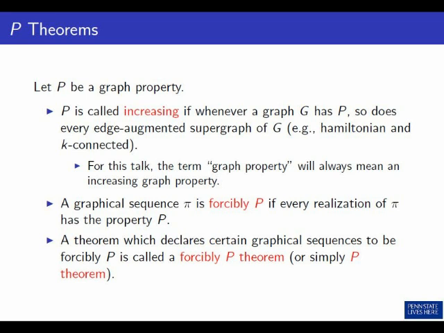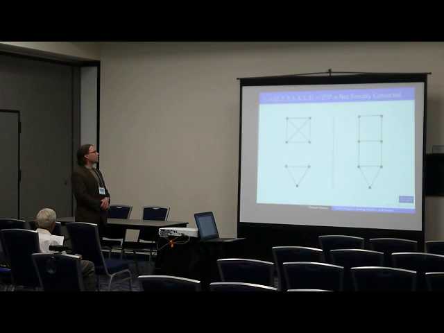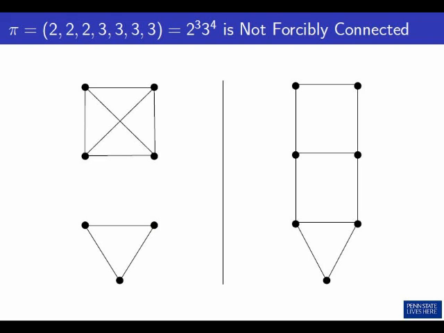A graphical sequence pi is forcibly P if all realizations possess that property P. And we're going to be talking about what are known as P-theorems. We may say forcibly P-theorems or just simply P-theorems, which are theorems that use conditions on the degrees to guarantee the property P. So these will be sufficient conditions. As far as being forcibly connected, for example, this graphical sequence is not, because it does have a disconnected realization.